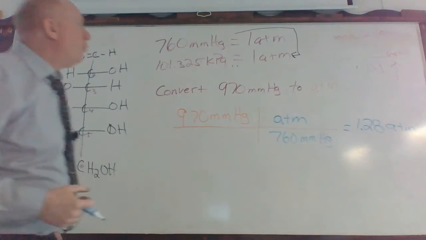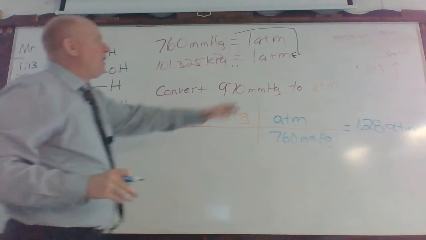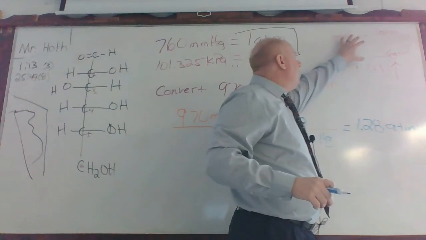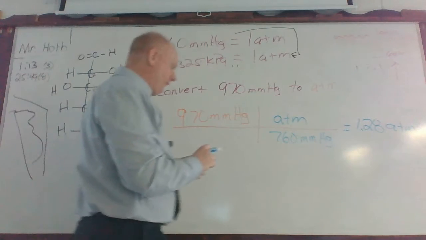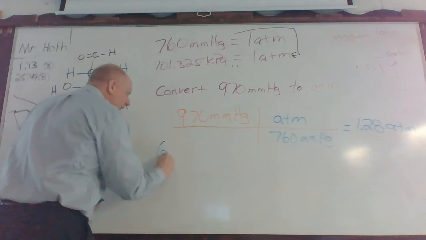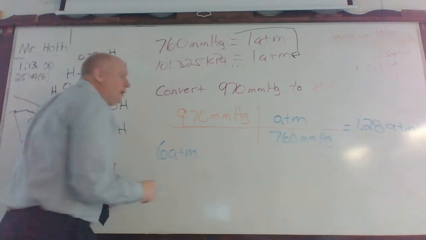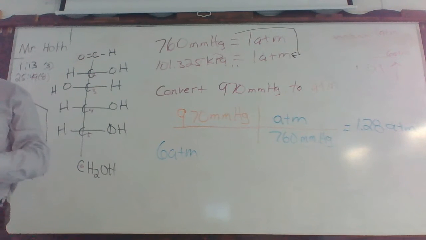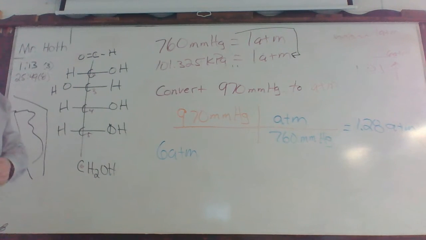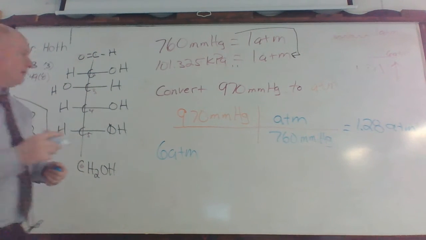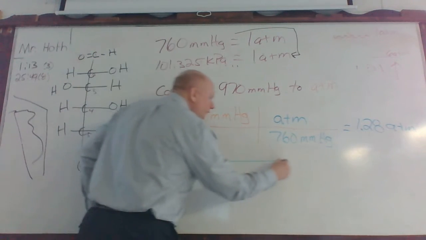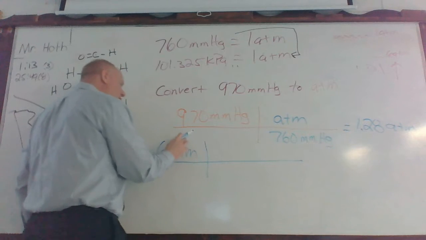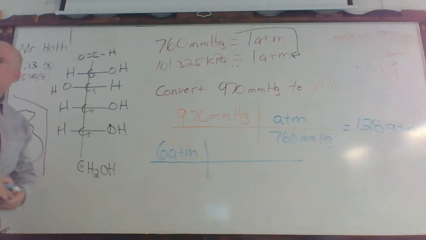Okay, one last thing, like what we talked about yesterday. Let's say we've got this submarine down at 6 atmospheres of pressure, okay? So if we have 6 atmospheres, we want to know, well, how many kilopascals would that be? Okay, so how do we get rid of that atmosphere?